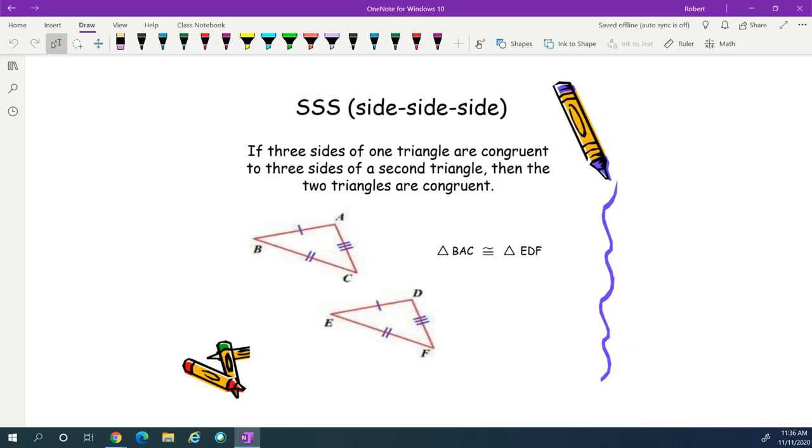No matter how many times you break those three sticks apart and put them back together, if your sticks measure 6 inches, 10 inches, and 12 inches, there's only one triangle that you can make. So if all three sides of one triangle are congruent to all three sides of the second triangle, those triangles have to be congruent. It's called the SSS theorem of triangle congruence.